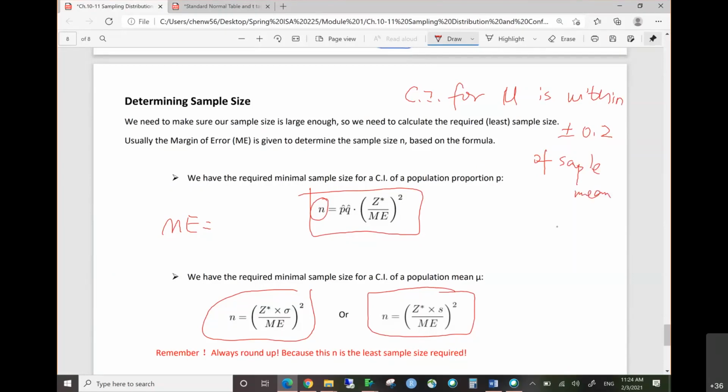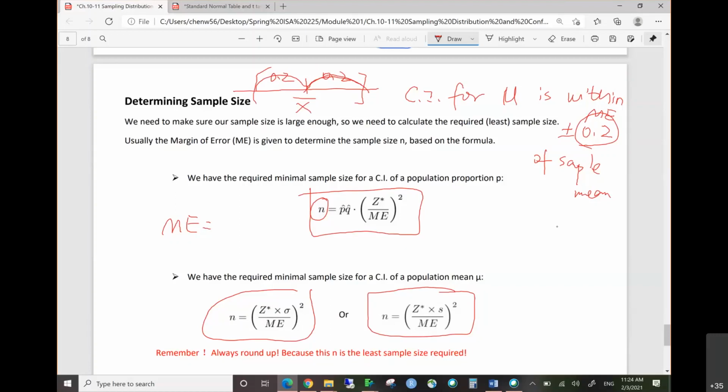Within plus 0.2 and minus 0.2 of the sample mean will be the confidence interval for mu. So this 0.2 is the margin of error given to you. When you want to determine your sample size, you need to know your margin of error, and it will always be given to you.